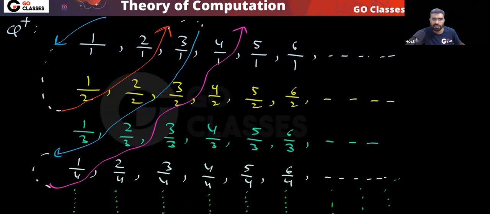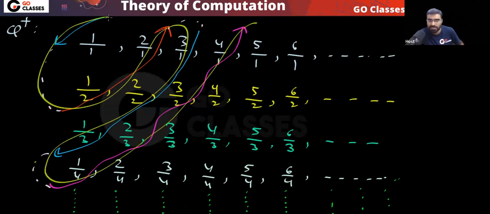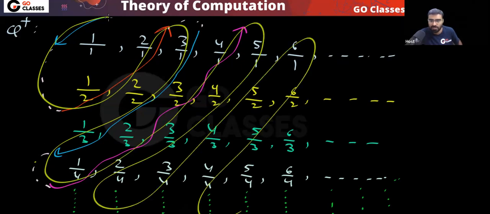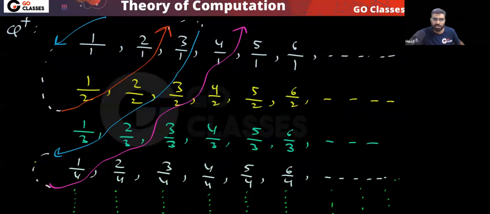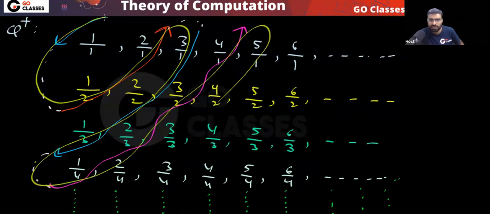Is this clear? Some people will write like this so that they can see this type of beauty. You can notice, like a snake is going on. So this is what some people will do.